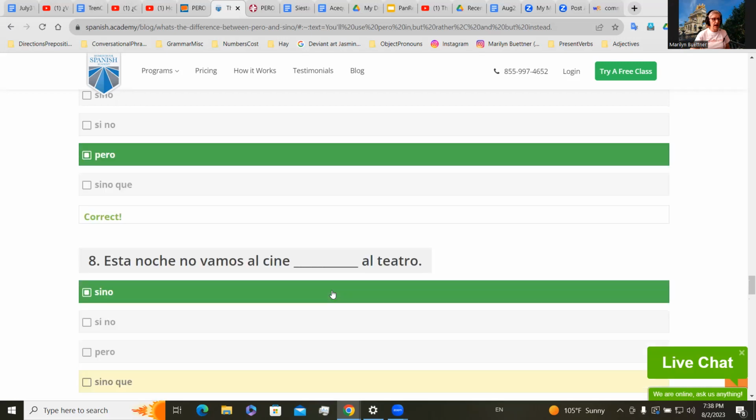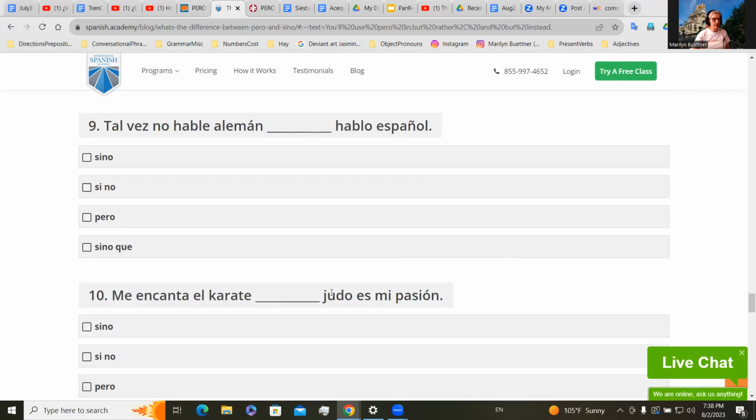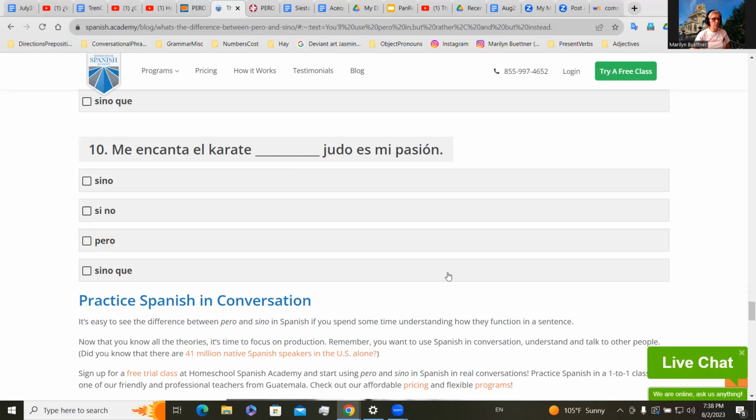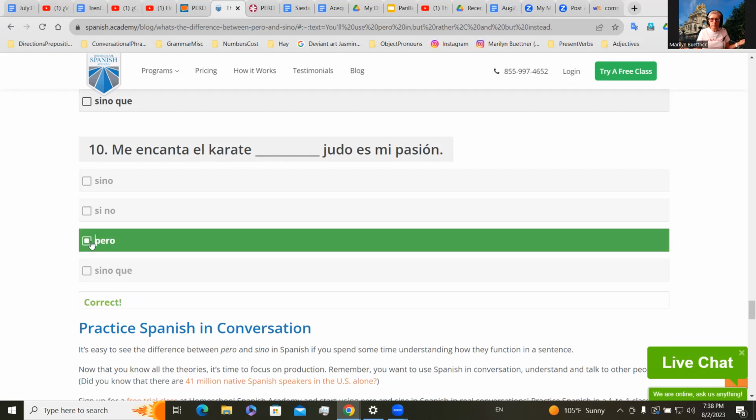Okay. Bien. And some of these other examples are, one more, uno más, un ejemplo más. Me encanta el karate. I love karate. Judo es mi pasión. Pero. They're both true, joining two ideas. I'm just comparing the two ideas.